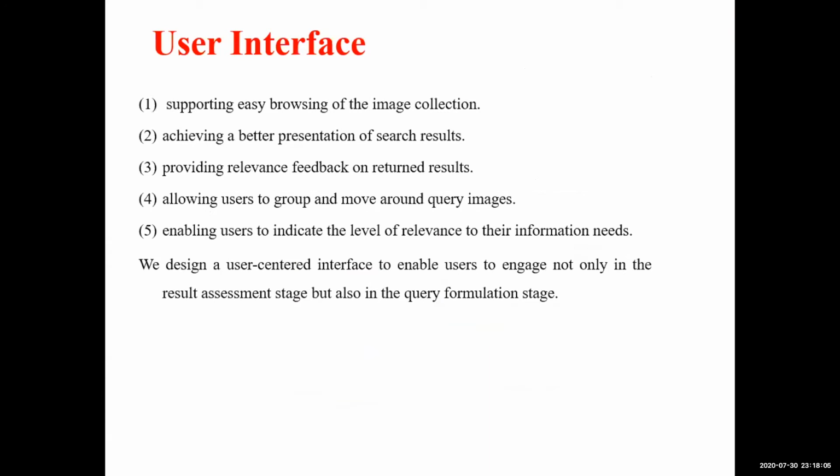Many user interfaces have been proposed. Some support browsing image collections, grouping them in different ways. Some provide relevance feedback only at the assessment stage, after returning the images, and some move, store, or copy the images retrieved by the system.